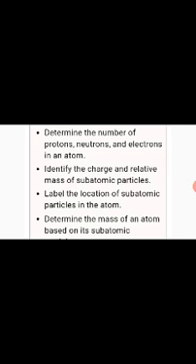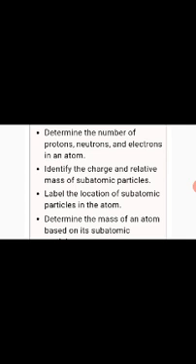Determine the mass of an atom based on its subatomic particles. If protons are 2 and neutrons are 2, how much is the atomic mass of that element? Yes, 4. And how many electrons?